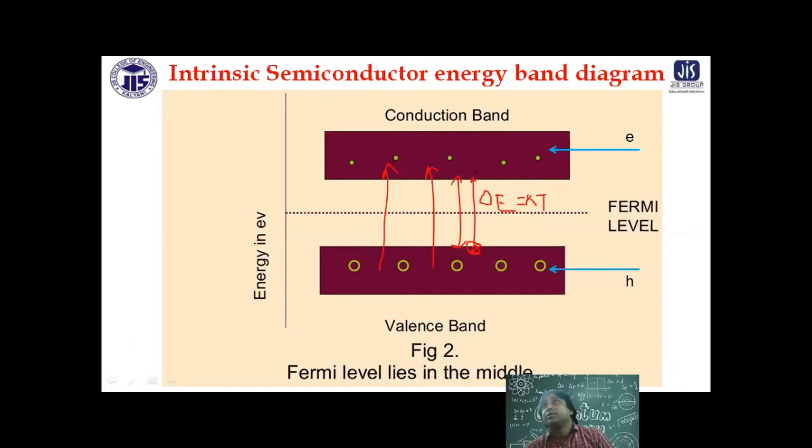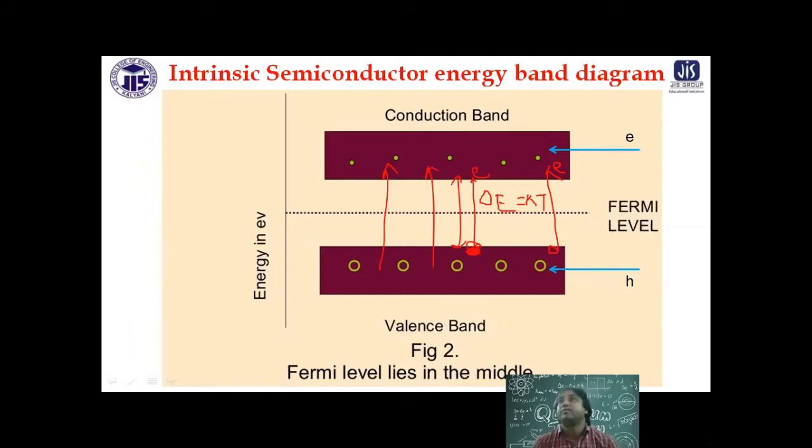If the electron reaches here, it creates an absence of electron here, which is called a hole. Each electron will move from here to there. So the moment one electron is created, one absence of electron, or a hole, is also created in the case of an intrinsic semiconductor. So the electron concentration and hole concentration are equal.